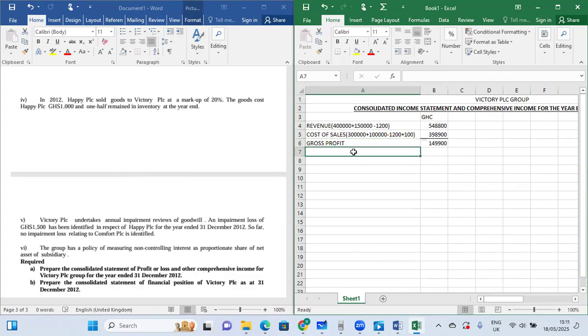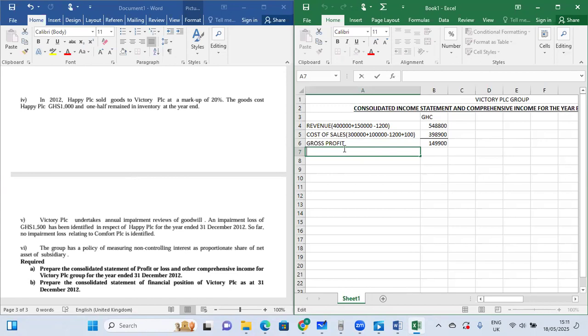Now we move on to our operating expenses. If we should have had any depreciation, like the land that was revalued upwards, if it were to be PPE, the depreciation would be taken out of the cost of sales. But since there wasn't any depreciation, we move on like this.